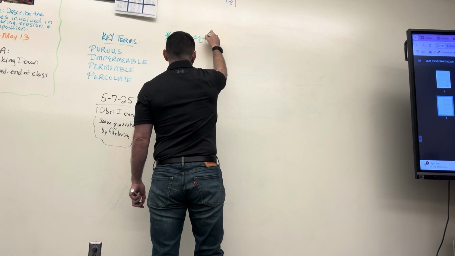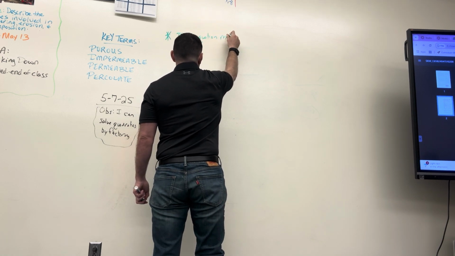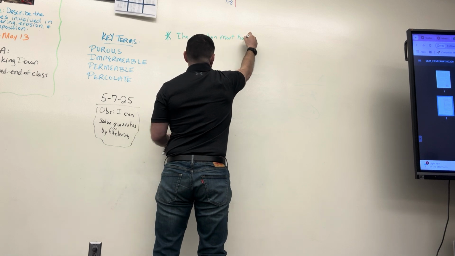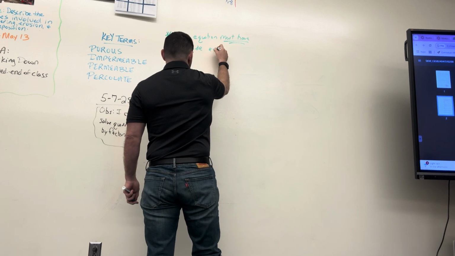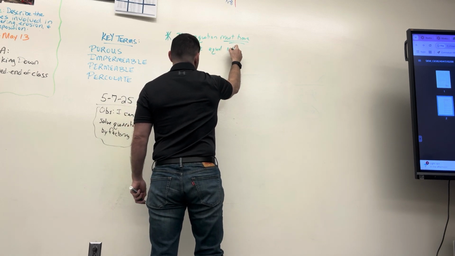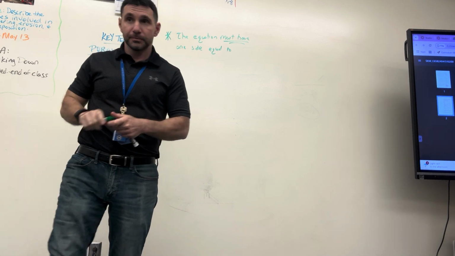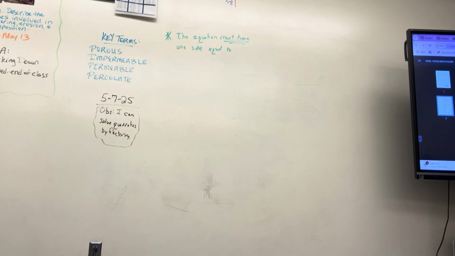The equation must have one side equal to. When we're solving by factoring, what does one side of the equation have to equal? Very good, Harlow. Has to equal 0.